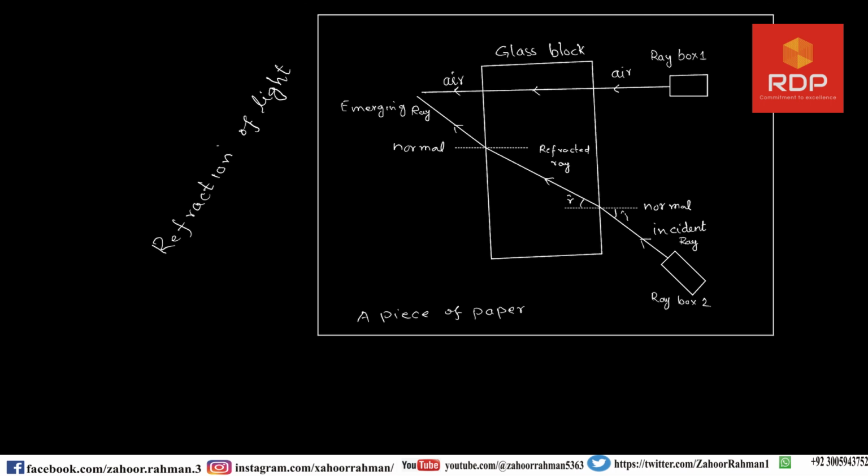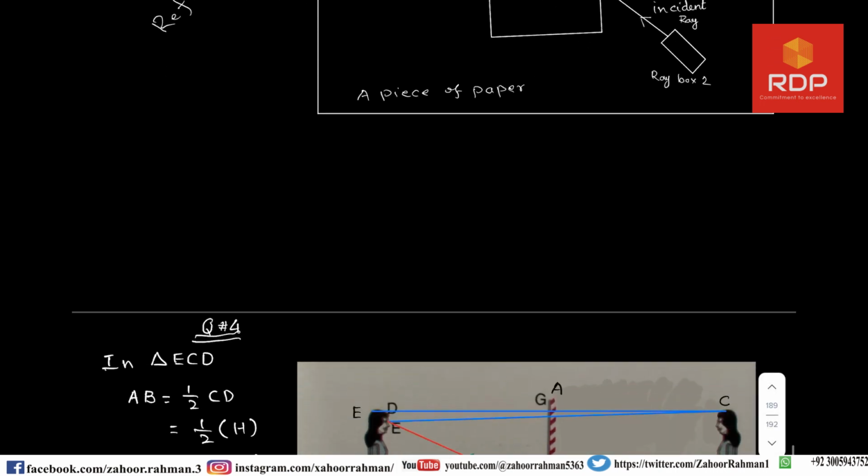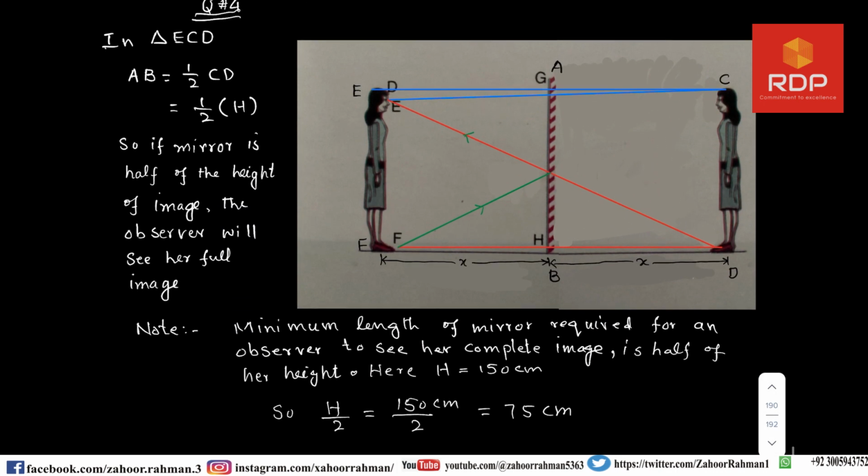In this particular case, this is the incident and this is the refracted ray of light. So you have to keep this in mind as well. Although this is not part of the question, for your convenience, I did this.